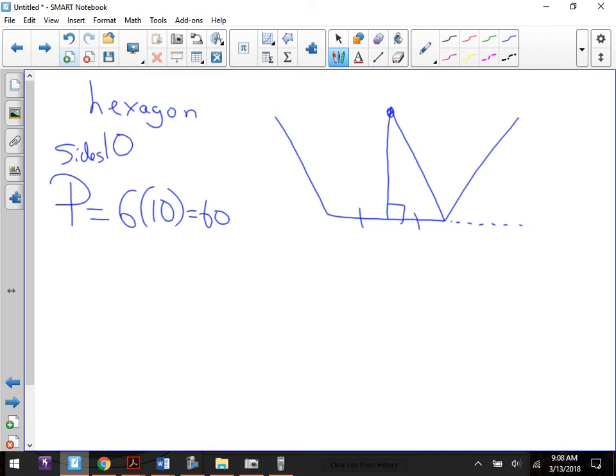Just like we've done before, to get that exterior angle, we take 360 divided by the number of sides. You get 60. If your outside angle is 60, the inside angle is 120, very good.